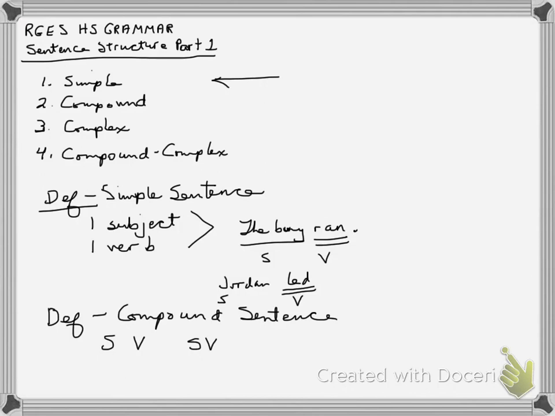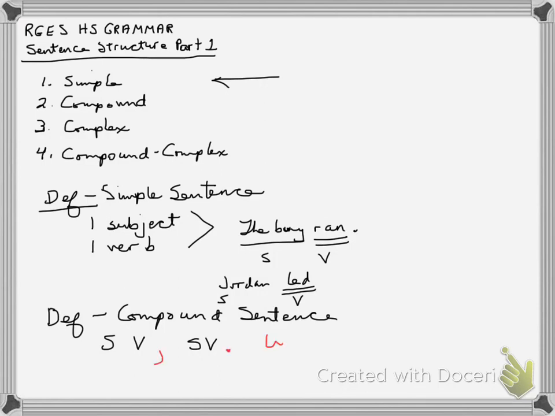So a compound sentence has 2 main clauses. Another phrase for a main clause is an independent clause. An independent clause contains a subject and a verb and can stand alone, expressing a complete thought. So compound sentences cannot be joined together with just a comma. We can never write that.